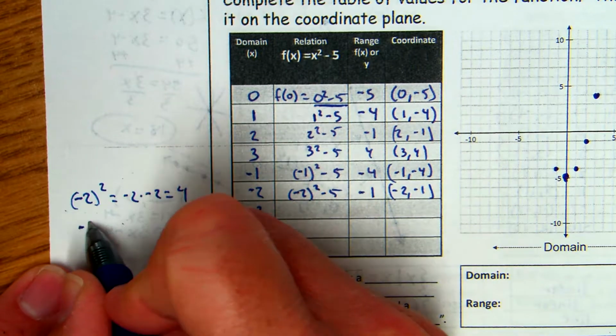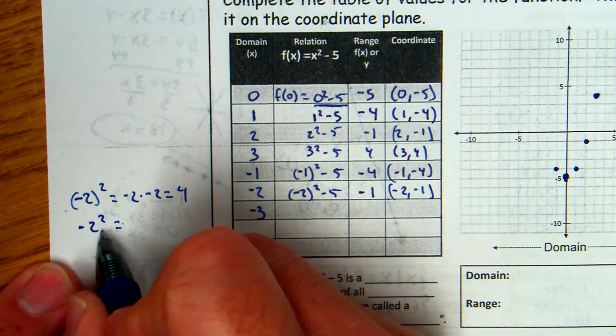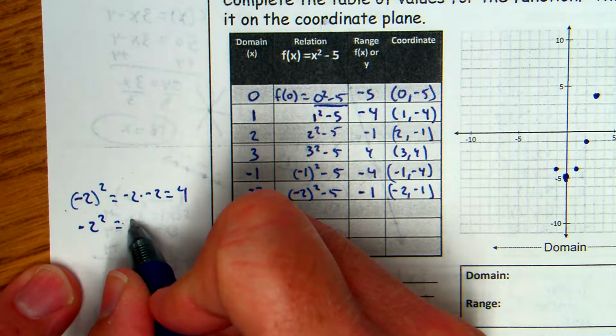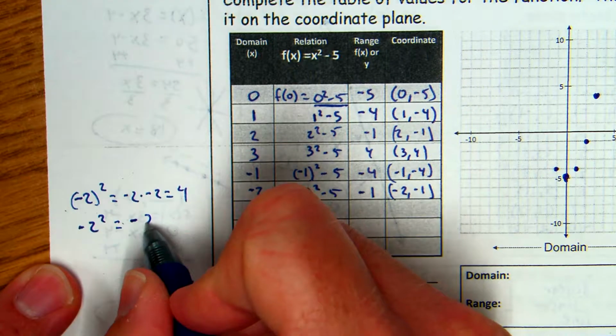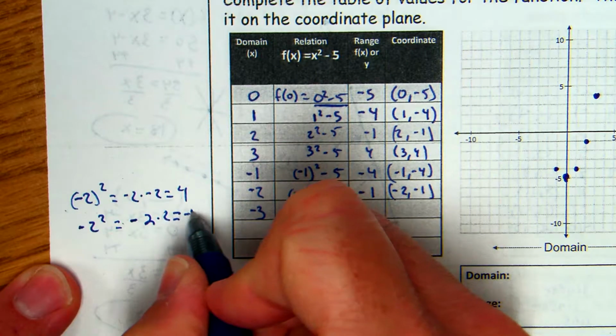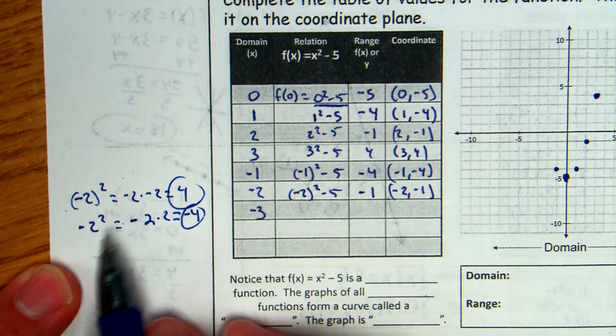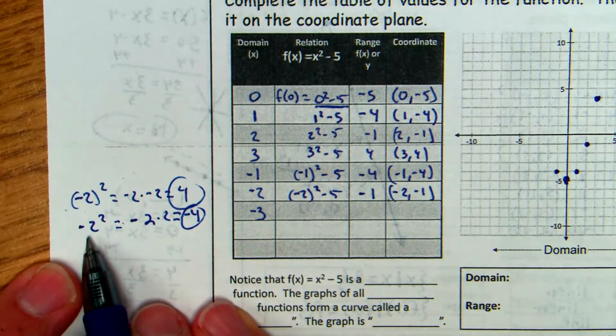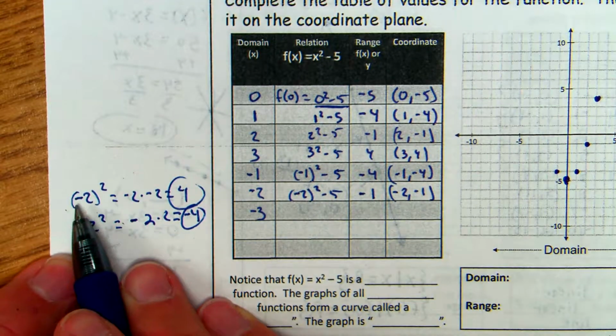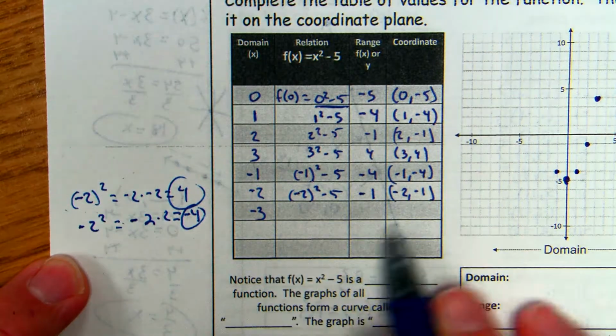But if I had not put this in parentheses, it actually says something quite different. It says take a negative sign and do 2 times 2, which is -4. Notice that without the parentheses, you only have one negative sign, whereas with the parentheses, you have two negative signs. It does change your answer.